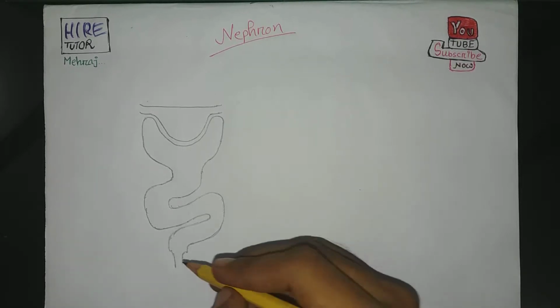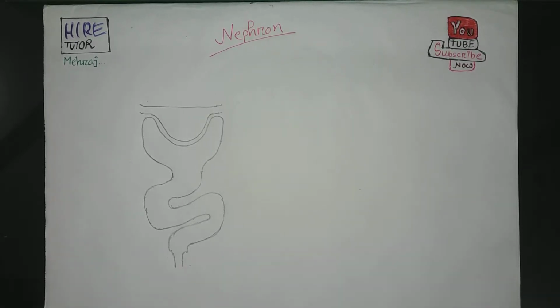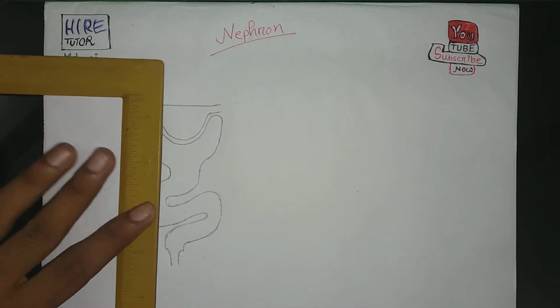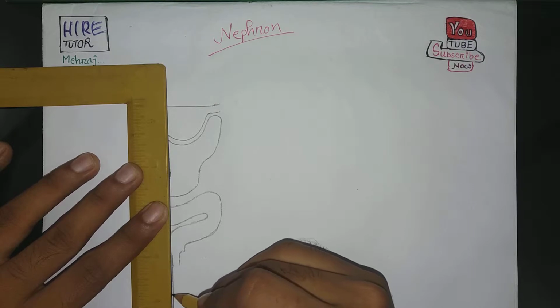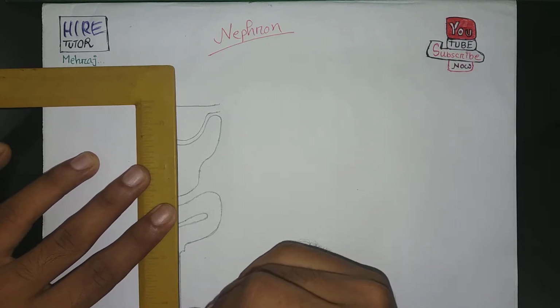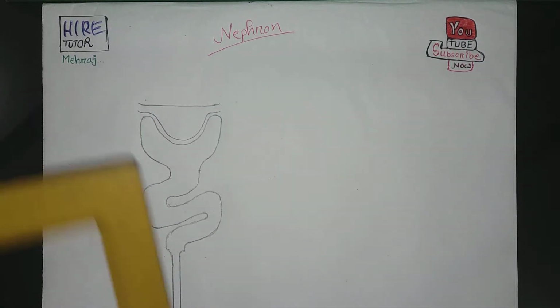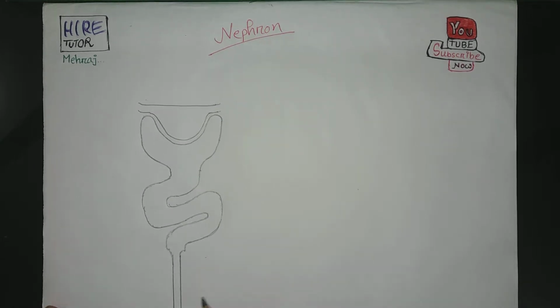After that, I'm gonna shorten this. Then I'm gonna take a scale and make this, which is called the loop of Henle. It will be parallel. So let me make it.